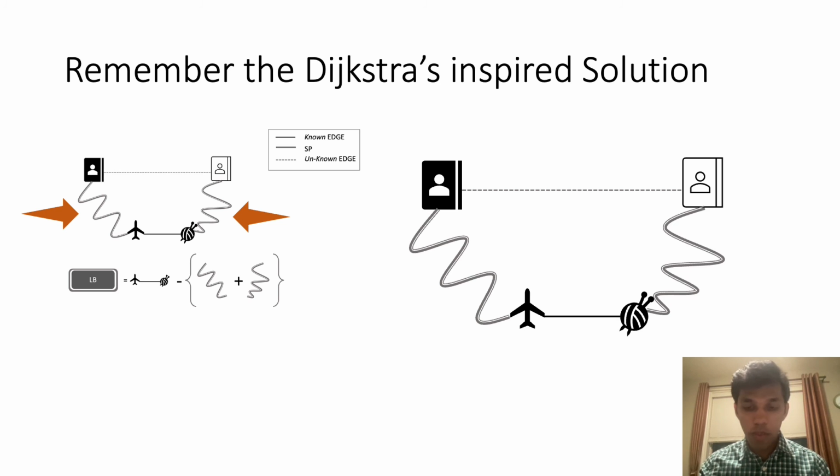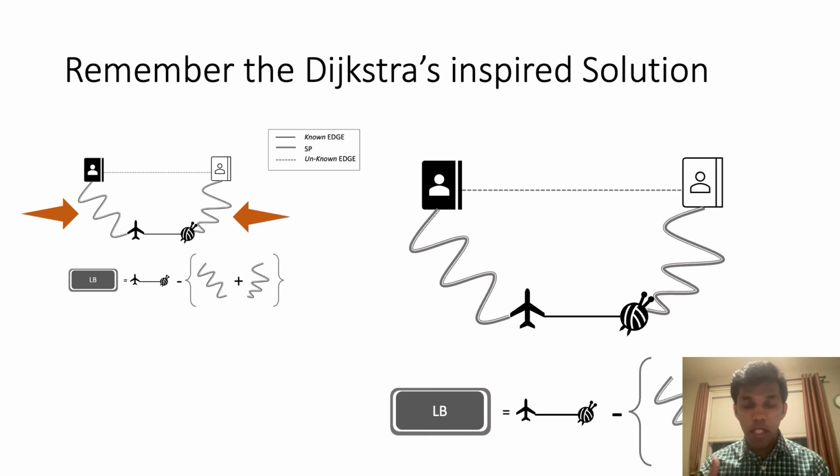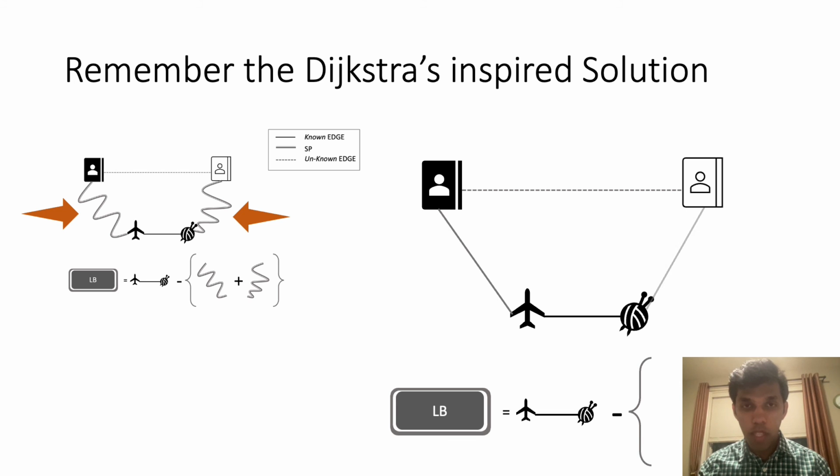So we ask ourselves: for scalability, can we remove all the shortest path computations from the equations just by replacing them with straight edges between these two points? So now it should form a triangle in order to find the distances between unknown pairs.